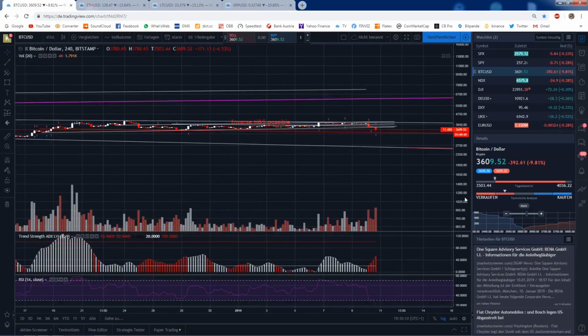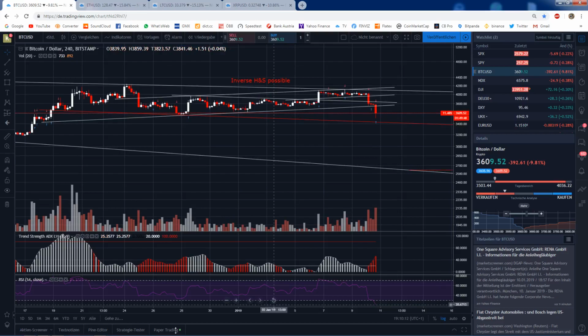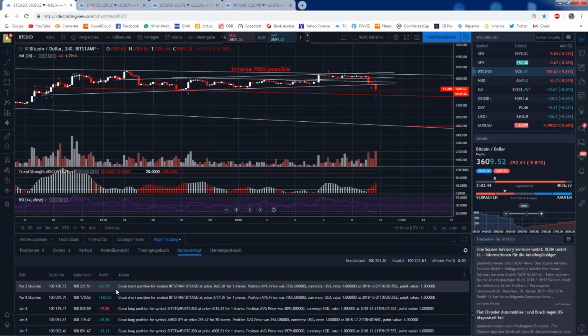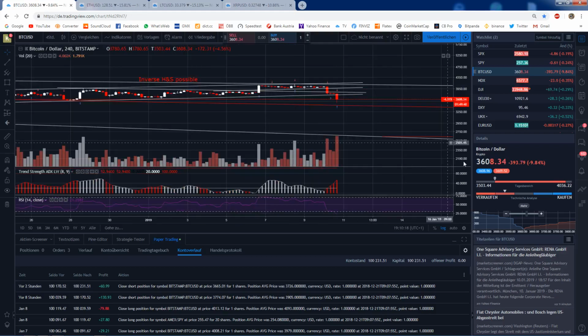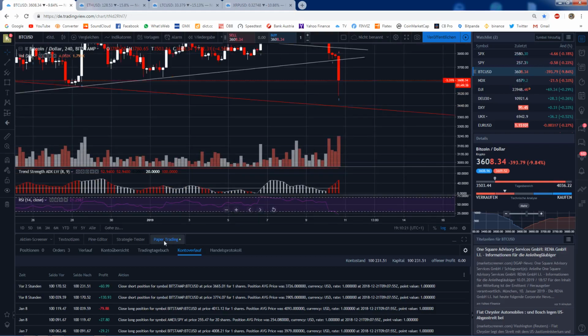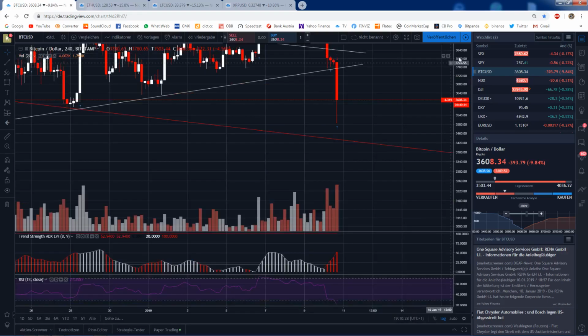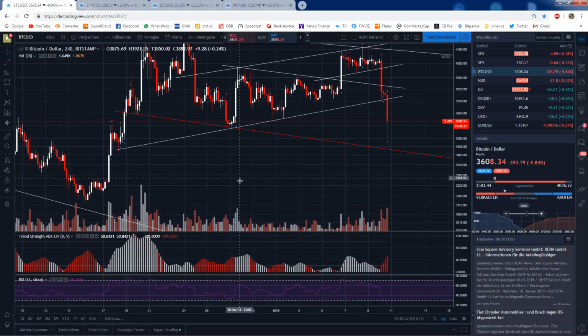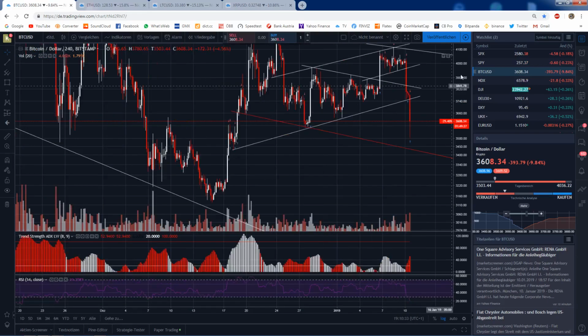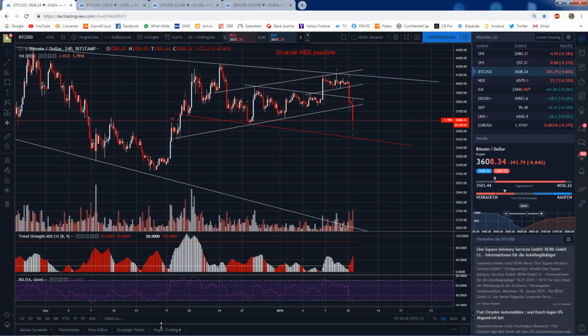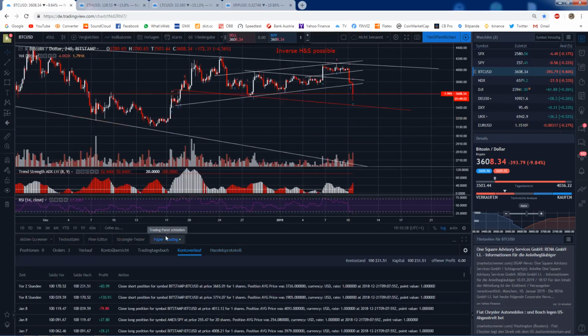Yeah, you can see right here I made some decent profits on Bitcoin, 2 trades as I mentioned, right here and right here. So of course this is paper trading on TradingView. It's nothing really insane, my gains I had.